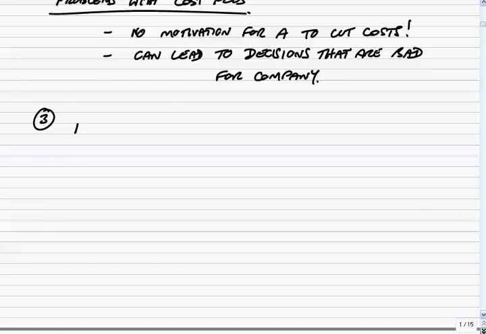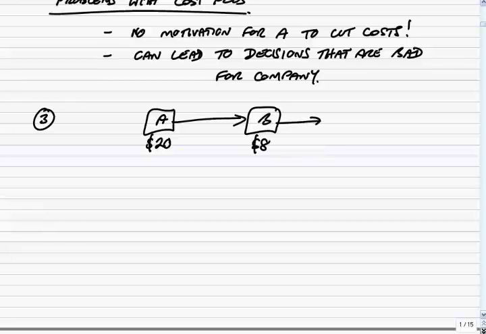Well, let's have a look. Again, I will draw a picture. A has costs of 20. They transfer the goods to B, which has its own costs of 8. B sells outside for 30.